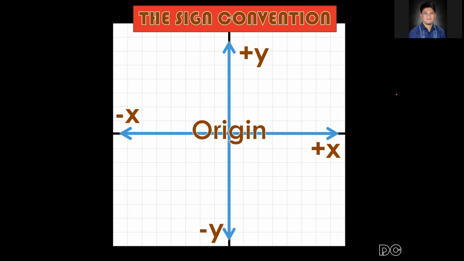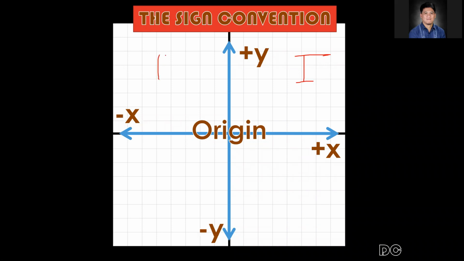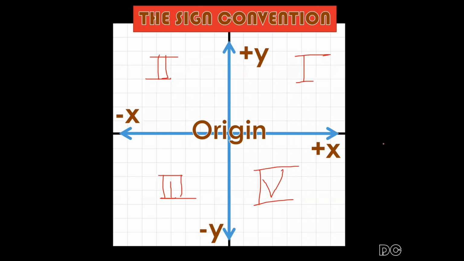So therefore, the Cartesian plane is divided into four quadrants. This is the first, the second quadrant, then we have the third quadrant, and last is the fourth quadrant. So for the first quadrant, the x and the y are both positive.